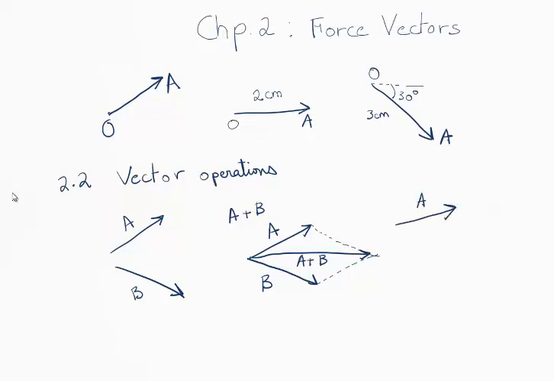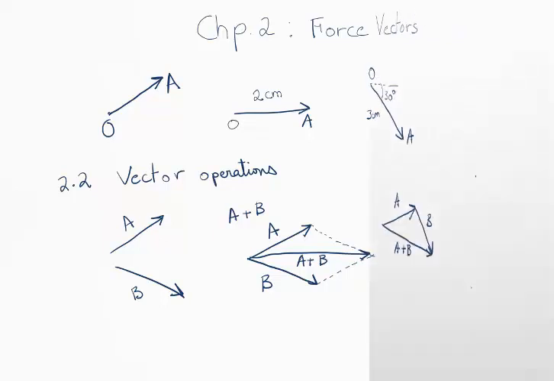We can bring the origin of vector B to the tip of vector A. And then we just complete the triangle. So this will give us A plus B. So this kind of covers the basics of the vectors.